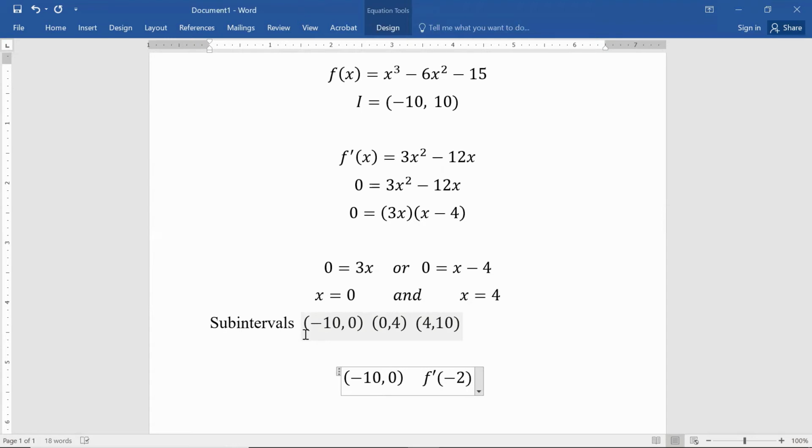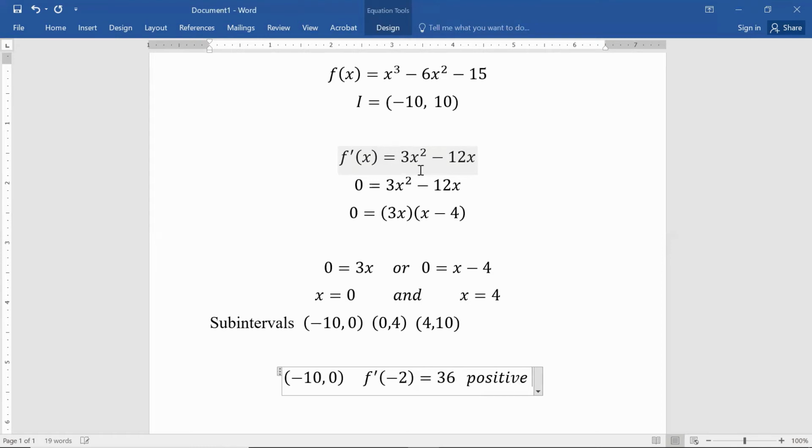So -2, when you plug it into the derivative, 3 times -2 squared minus 12 multiplied times -2 gives me a positive 36.